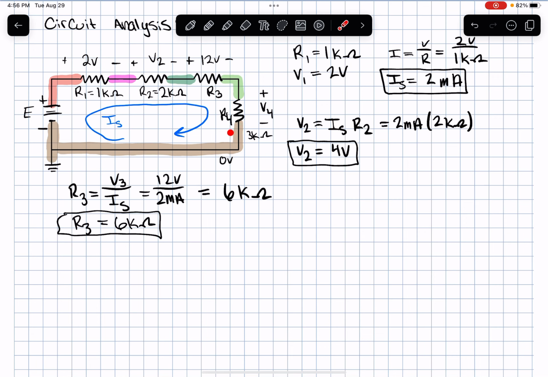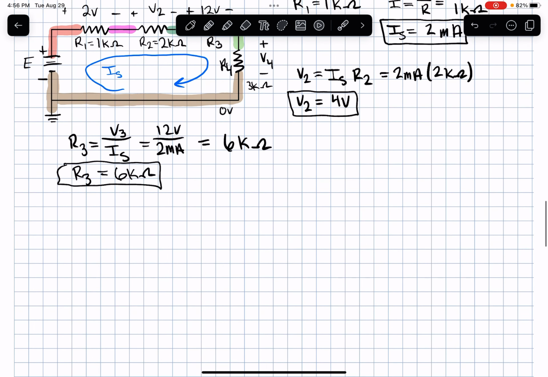Now resistor 4 is 3 kilo ohms, so now we need to find voltage 4. So V sub 4 is going to be I sub S times R4, that's going to be 2 milliamps times 3 kilo ohms.